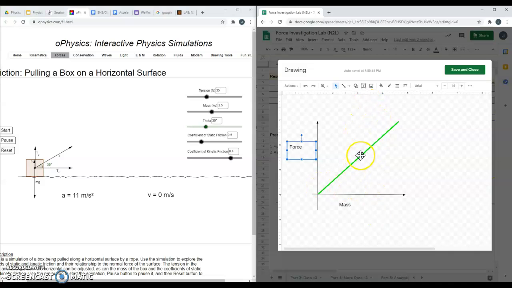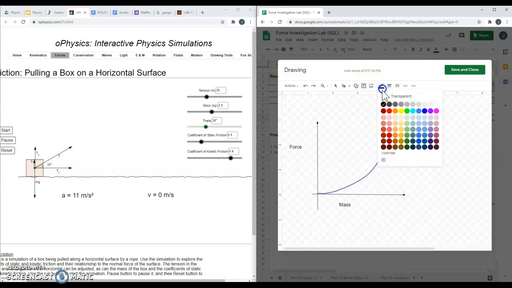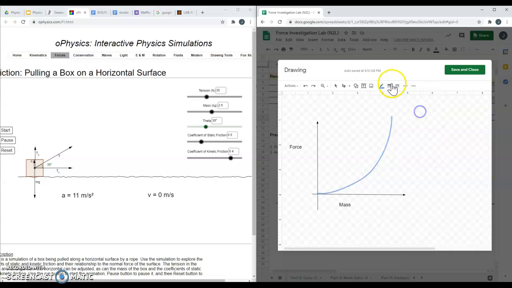Now, if you can't draw a straight line, you can also use this to draw a scribble. I'm going to delete this line, and this option is by clicking the down arrow, drawing a scribble. It will allow you to draw a curve. And just like before, you can change the color and change the thickness of the line.